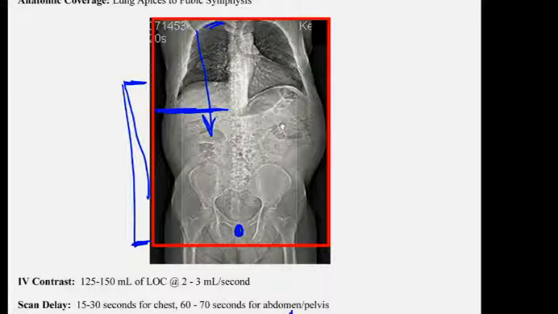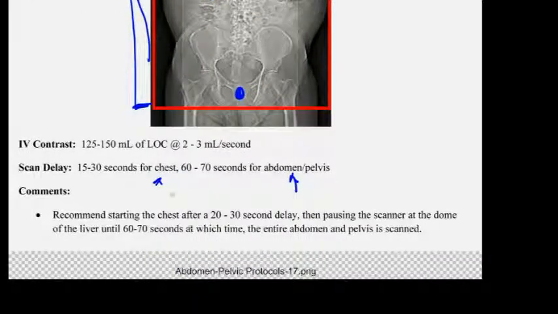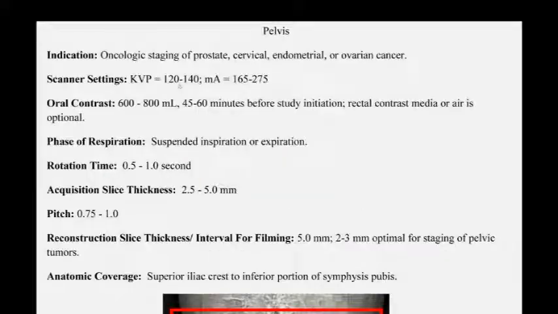While the book kind of tells you to scan it all and plan one scan out, like what we see here. But then when you get to the dome of the diaphragm, right here, or you start seeing the liver come in, pause the scan, and then wait for a few more seconds, and then commence the scan again. It's kind of confusing, but the real key to this is just knowing 60 to 70.